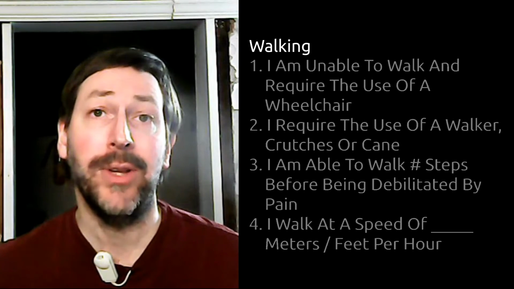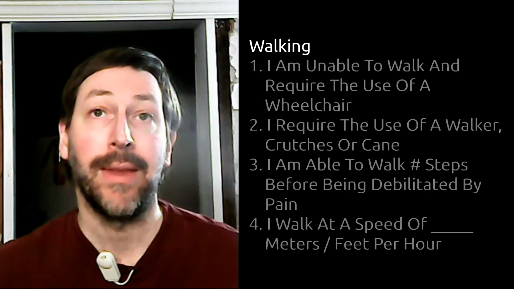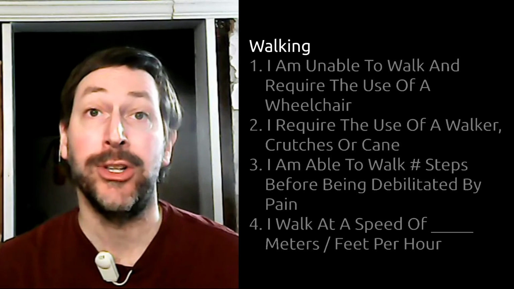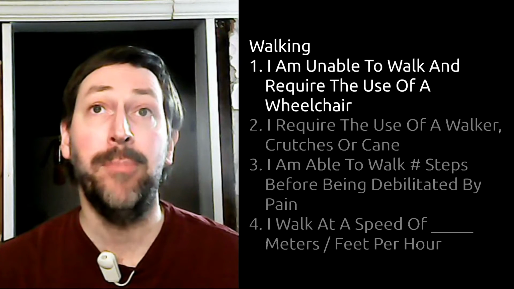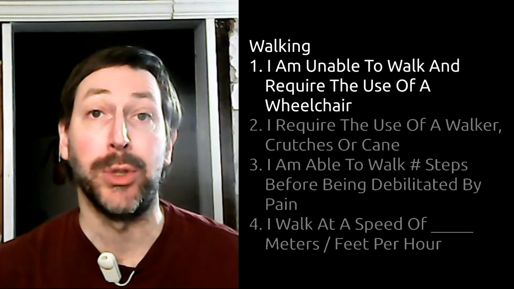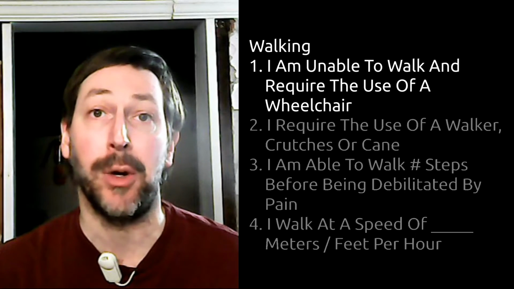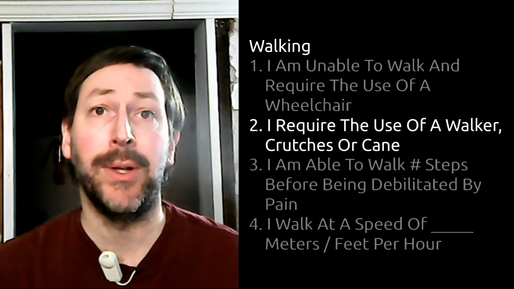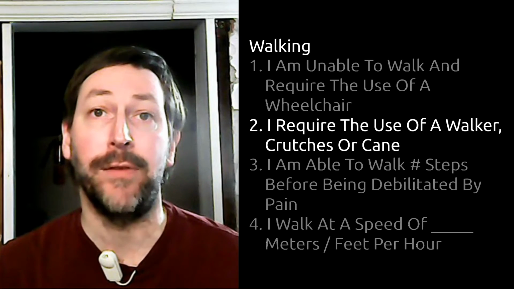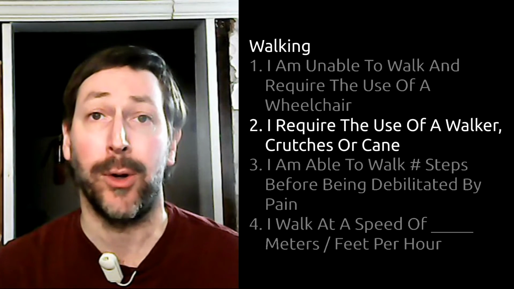The final area that I want to talk about is walking and your specific mobility. Some people are going to be unable to walk and they require the use of a wheelchair. Some people may require the use of either crutches, a cane, or a walker.